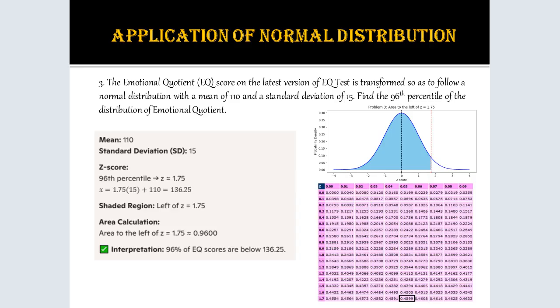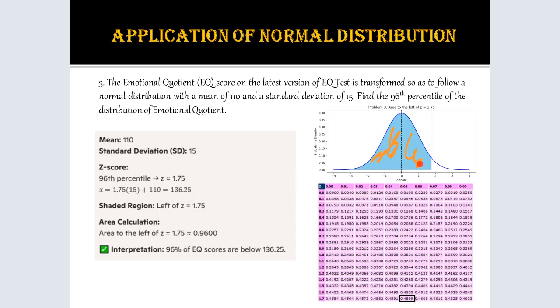Okay? Yung 0.5 kasi yun nasa right side. Ito ay 0.5 plus yung 1.75 na to, which is 0.46. Kaya pag pinag-add natin yan, that will give us 0.96 or 96%. So, the area to the left ng 1.75 is 96%.